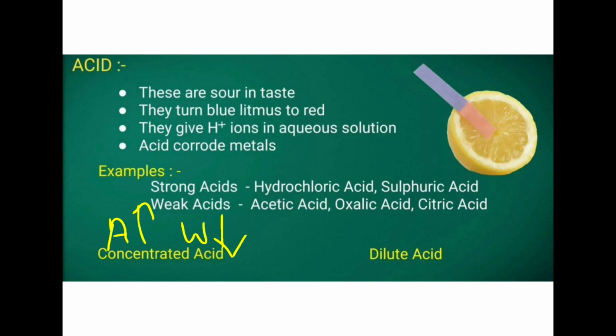When this concentrated acid is mixed with water, what happens? The concentration of acid becomes less and the water becomes more. So this is converted to dilute acid.